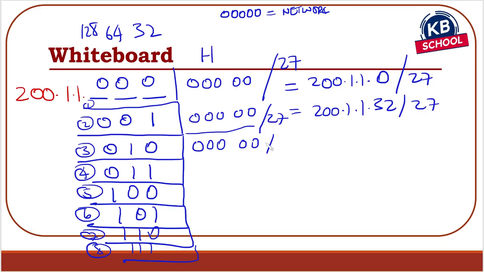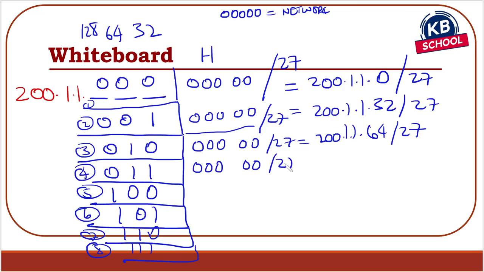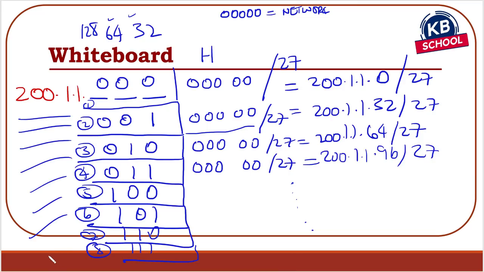This is my host portion, the 5 bits. 010 is 64. So the new network in decimal, I would write as 200.1.1.64/27. This is 011. 011 is 96. So 200.1.1.96/27, and so on and so forth. These are my new networks, the 8 new networks.